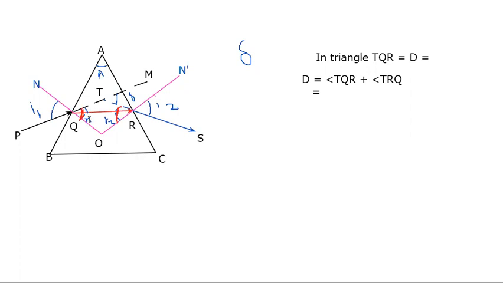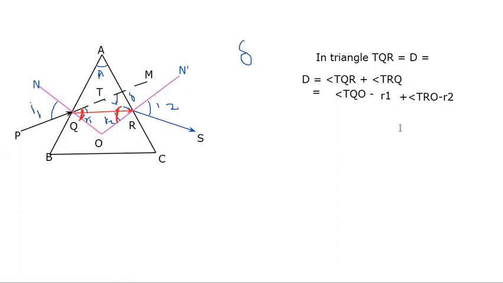So what is this angle TQR? TQR will be I1, angle TQO minus R1, plus angle TRO minus R2.